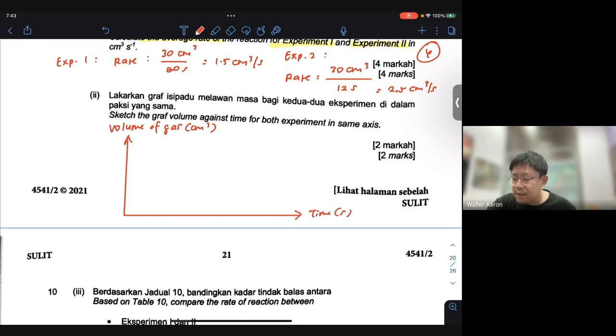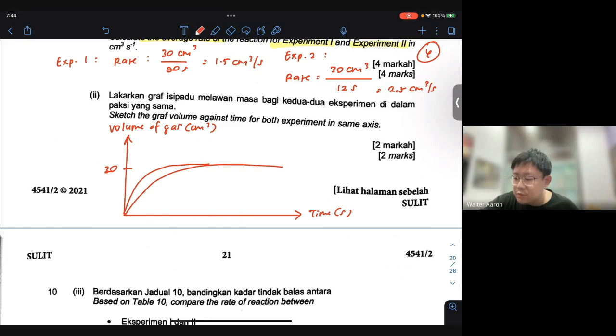Remember your maximum volume of gas is 30, but I don't usually write it down first. What I do is sketch the graph first. So this is one of them, and then one more higher than that. That should be correct already. And then only you put the T over here. Easier for you. They will end up at the same point because the amount of gas released is still the same. The only thing is that one will be steeper than the other.